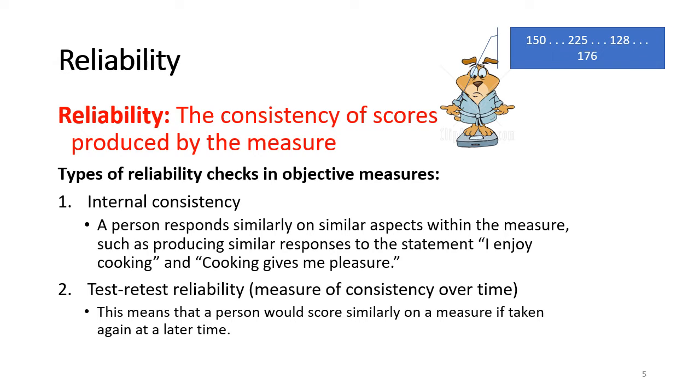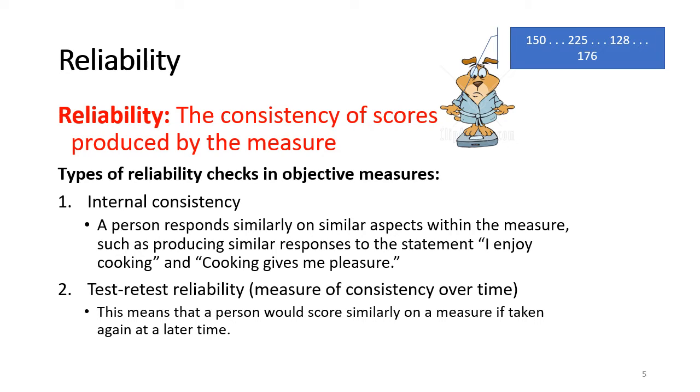So we'll talk about a couple of types of reliability checks, three actually, two on this slide and one on the next. Internal consistency is one type. And what that means is a person responds similarly on similar items within the measure. So if this is a self-report questionnaire, they would produce similar responses to the statement, I enjoy cooking, and cooking gives me pleasure.